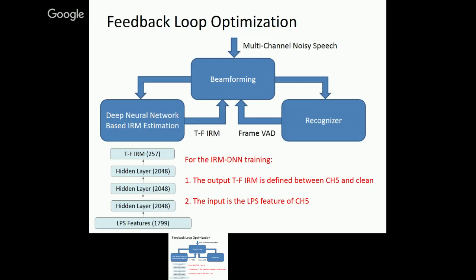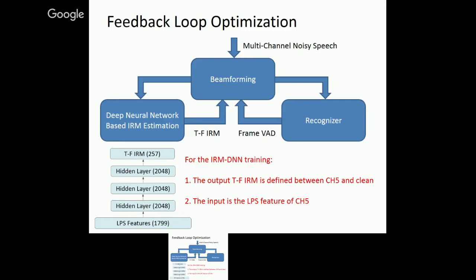First, I will introduce how to train this DNN-based IRM estimation. We just use 3 hidden layers with 2048 hidden nodes, and the input feature is the log power spectral feature with seven-frame expansion. The output is the TF-IRM, and for the input we use channel 5.